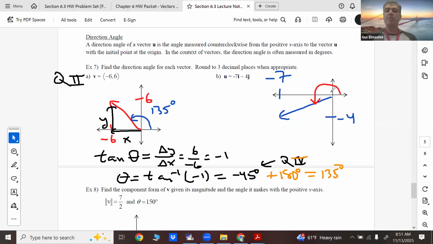So -7, -4. Now, I expect the answer to be more than 180, less than 270. But I'm going to do tan theta is -4 over -7, which of course is 4/7. And I have to do the inverse tan of that, which is obviously not a number I can do in my head.